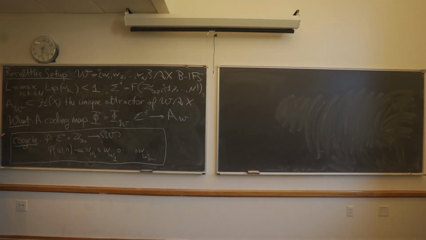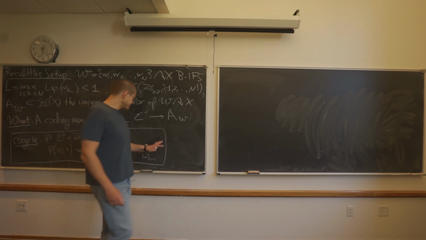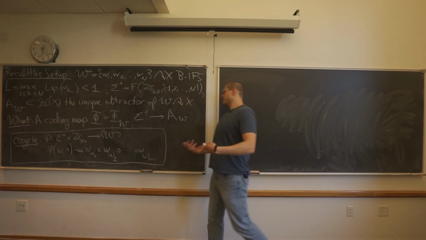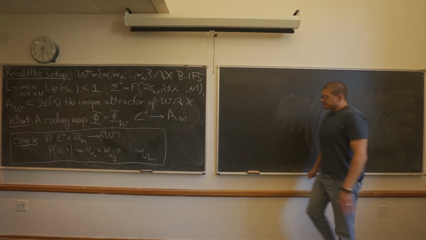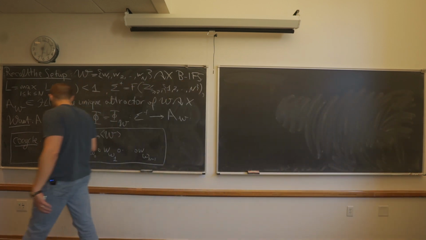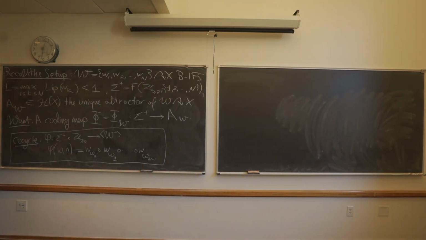And I introduced last time, before the break, this cocycle. I said this is like a gadget that people use all the time in dynamics. I didn't go too much into detail as to what this does, but ultimately this coding map is going to be related to this cocycle. So what does this mean?